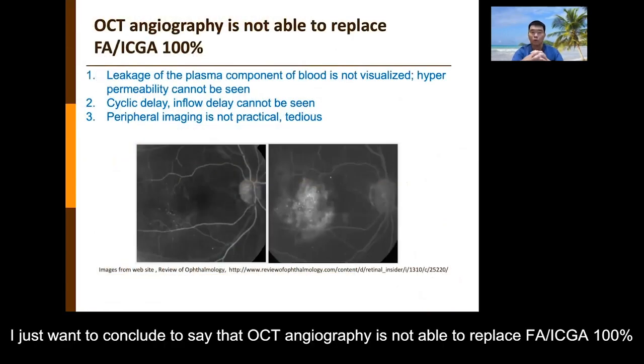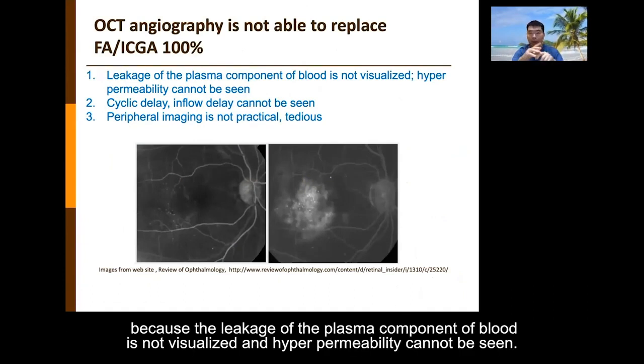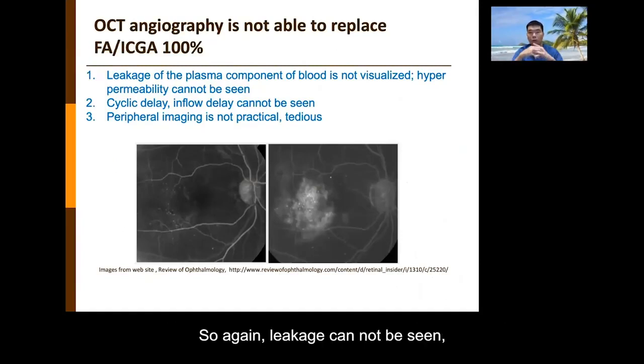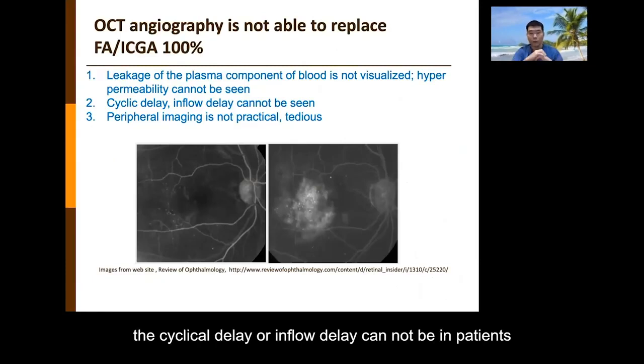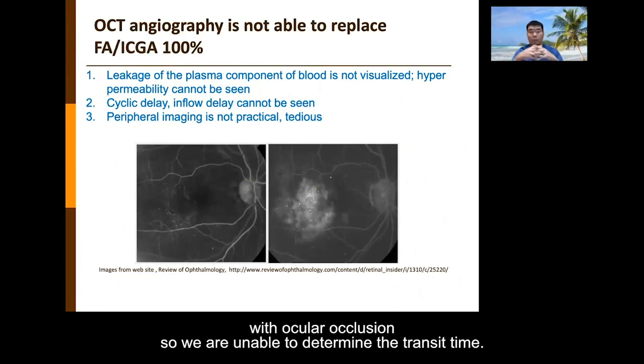I just want to conclude by saying that OCT angiography is unable to replace fluorescein angiogram or indocyanine green angiogram 100% because the leakage of the plasma component of the blood is not visualized and hyperpermeability cannot be seen. So again, pooling, staining, and leakage cannot be seen. The circulatory delay or inflow delay, as you can see in patients with arterial occlusion, cannot be seen, so we are unable to determine the arm-retina time or the transit time.